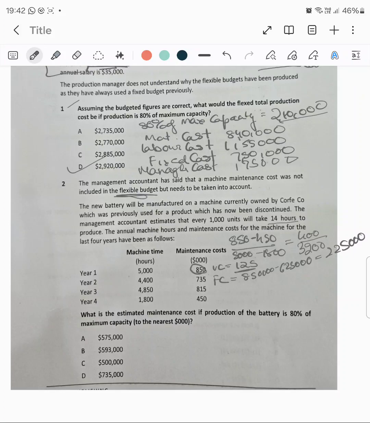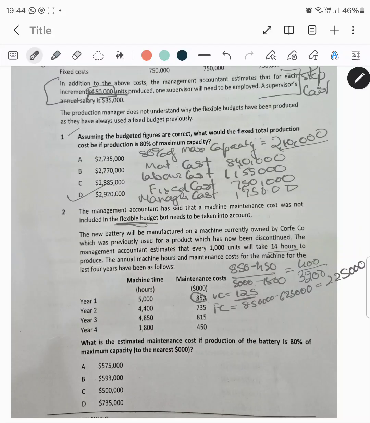Now I have my variable cost. Now how many units? 80% of the maximum capacity, which I had already calculated, was 2,10,000, right? Now it is saying for every 1,000 units it would require 14 hours.